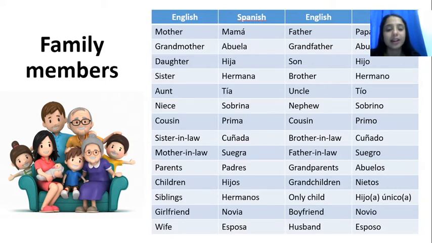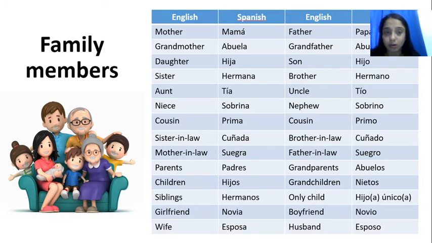Sister-in-law in Spanish is cuñada. Mother-in-law in Spanish is suegra. Parents in Spanish is padres. Children in Spanish is hijos. Siblings in Spanish is hermanos.